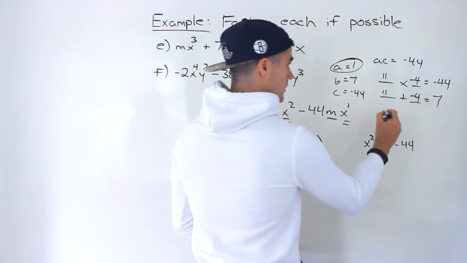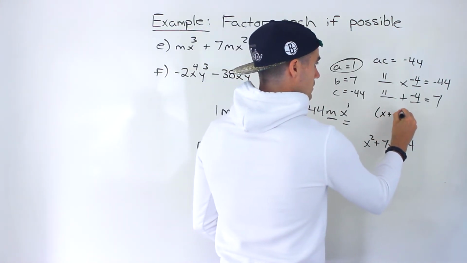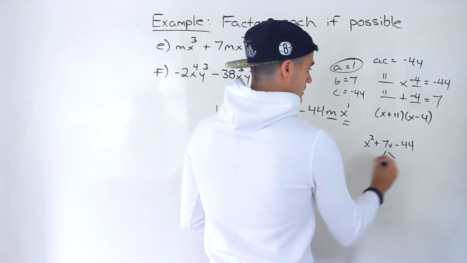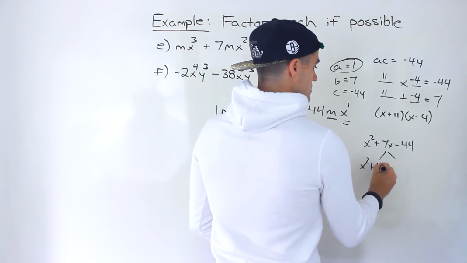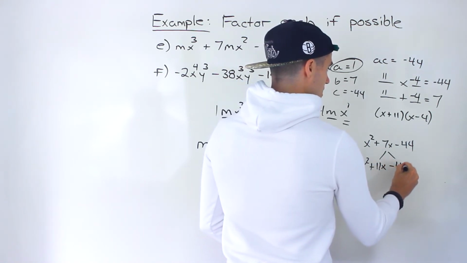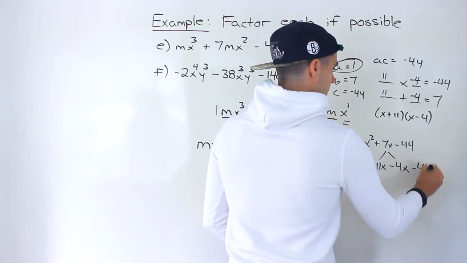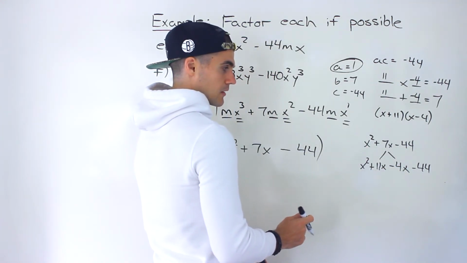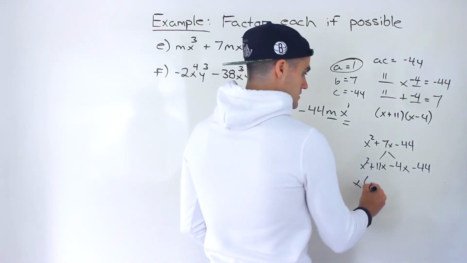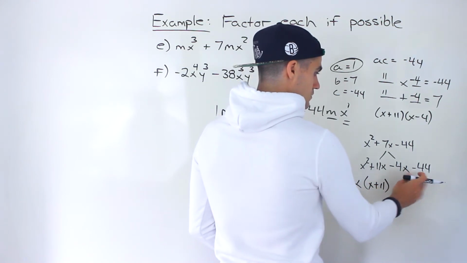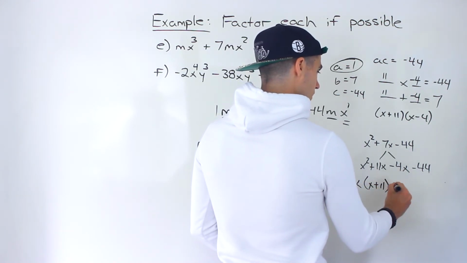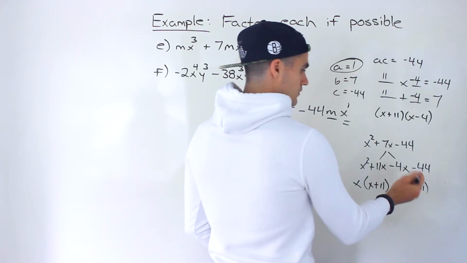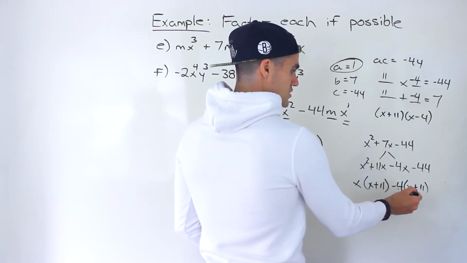Because that a value is 1, we know our final answer is just going to be those two values, but let's do the full process of decomposing that middle term, that b value, and then factoring by grouping here. We could take out an x from the first two. From these, we could take out what? A negative 4, and we'd be left with x plus 11, right? This divided by negative 4 is just x.